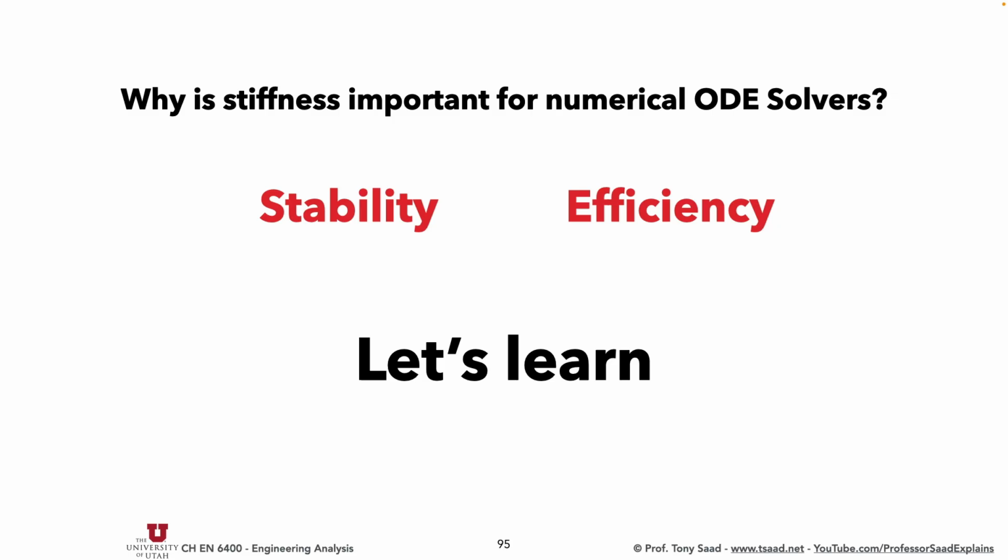What matters in an ODE solver, like solve IVP or ODE int in MATLAB, or any numerical method, is stability. We want the method to produce a solution. An unstable method will go bonanza. It will produce junk. Okay, so any good, robust solver needs to maintain stability, but also we want it to be efficient, so that it gives you the solution in a reasonable amount of time.